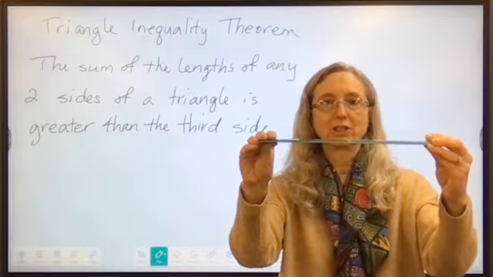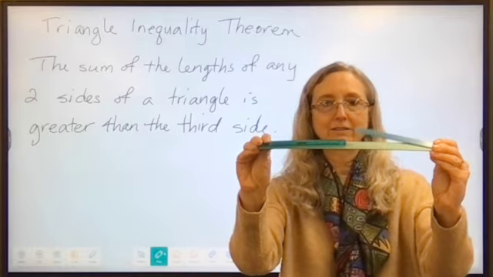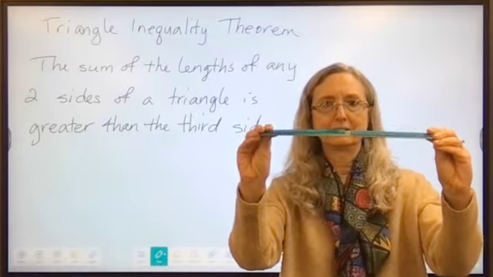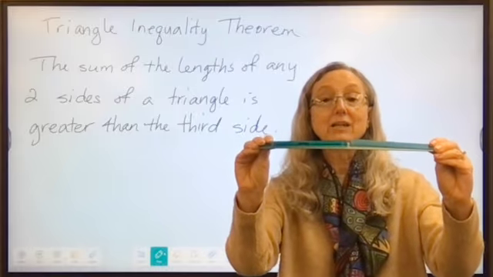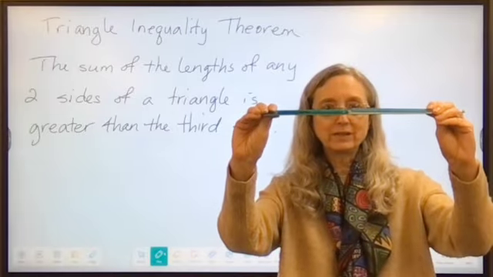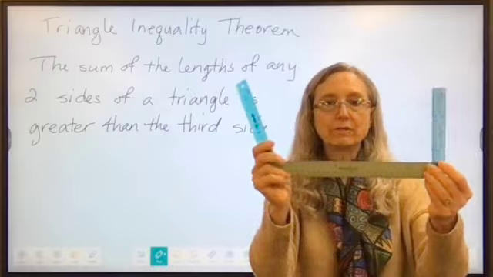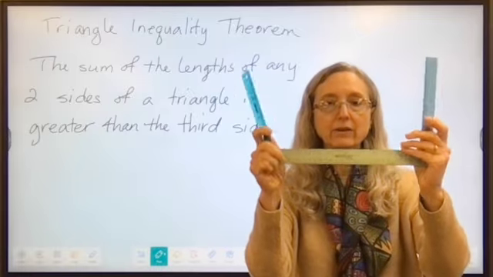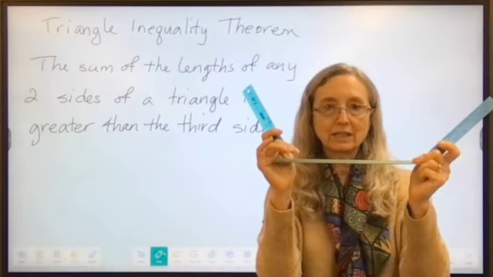And it doesn't work. All I've got is a line, a flat surface, because they don't meet. They're too short, so they will never make a triangle. If I added these two sides together, they are not longer than this side.